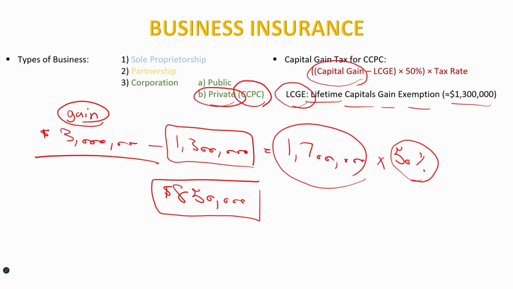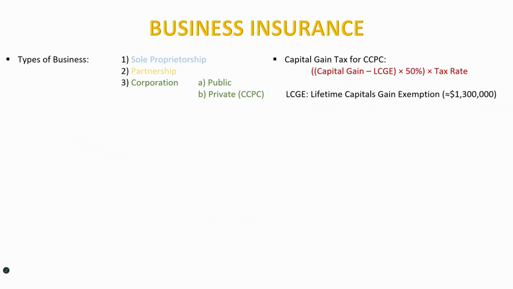Now, let's say we have this situation that there's a couple of partners, right, or shareholders, and they are kind of concerned about what if one of them dies? Who's going to take over those shares?